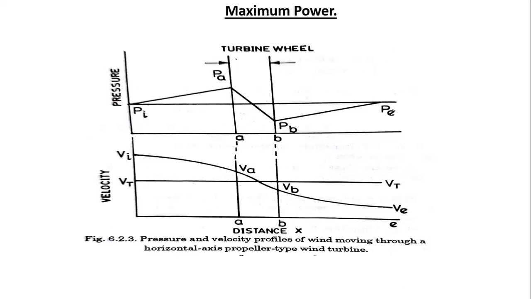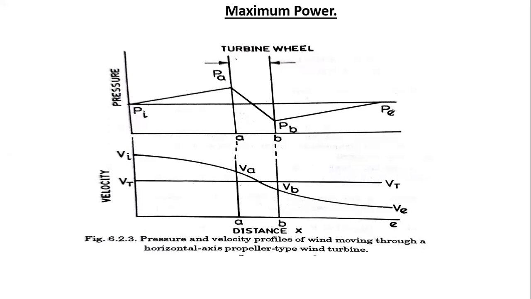So suppose you consider a horizontal axis propeller type windmill as shown in the diagram. This diagram is only for horizontal axis. There will be vertical axis types and horizontal axis propeller types, but in this diagram we are concentrating on the horizontal axis propeller type only.